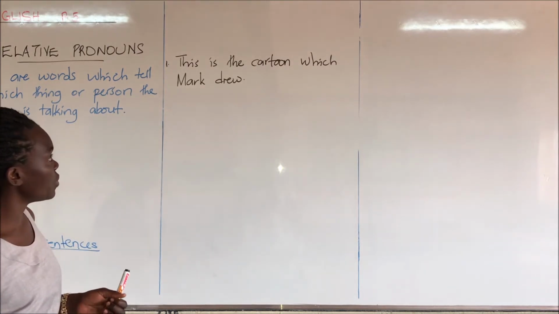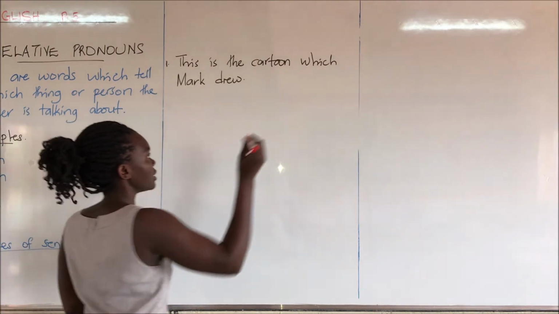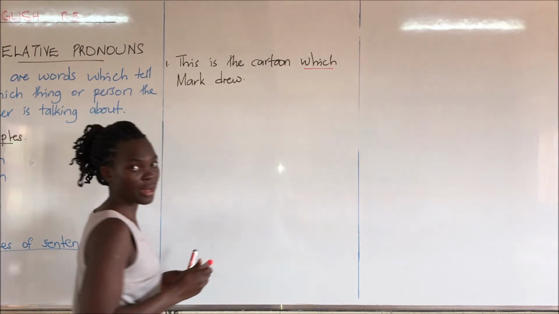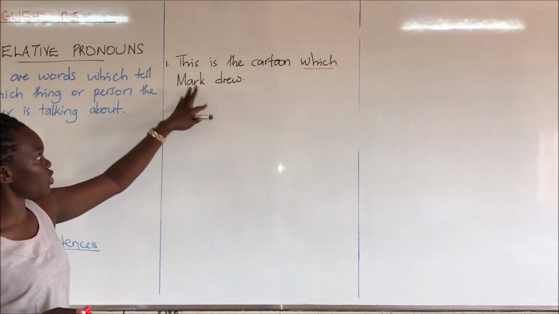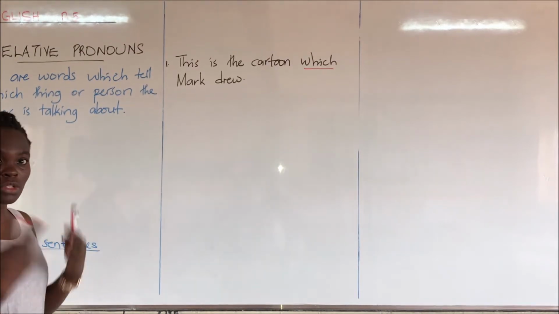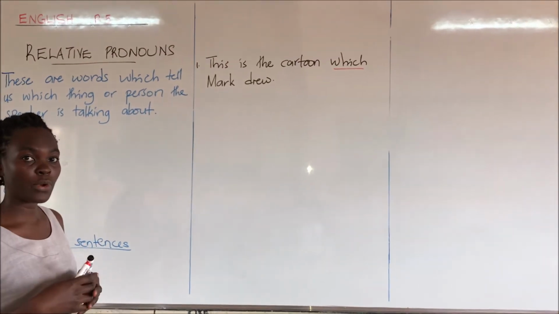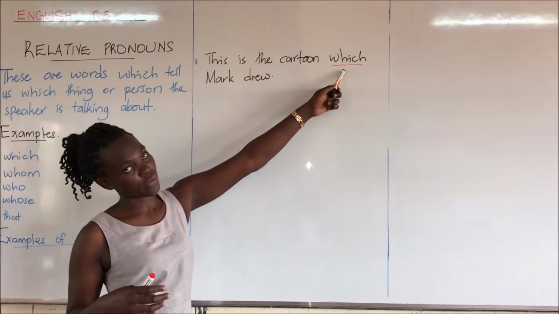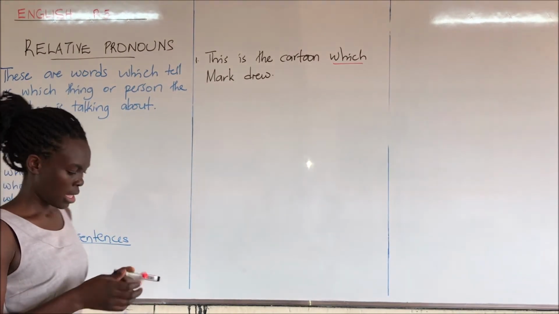This is the cartoon which Mark drew. When you look at this, that is our relative pronoun which we have used to join the two sentences. Mark drew, this is the cartoon. So those two different sentences are brought together with the help of that relative pronoun.